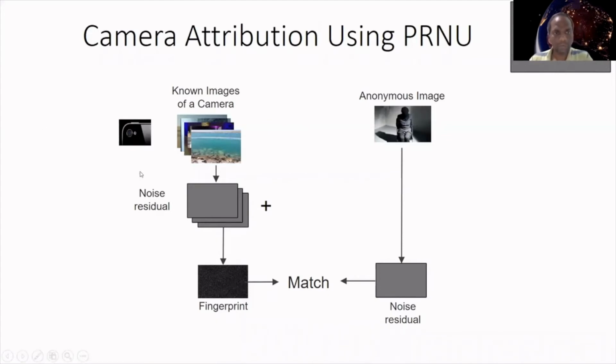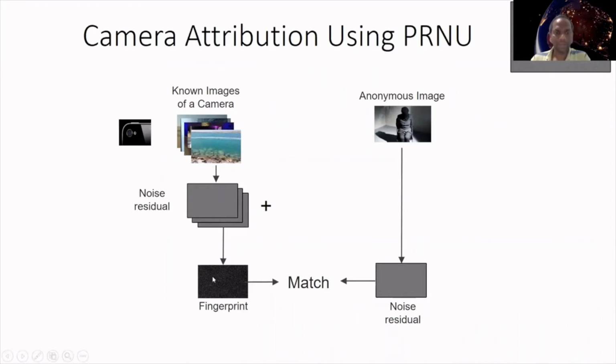The way we find that fingerprint is also very simple. We just need a few images from this particular camera sensor, let's say 20 or 30 images. From these images, we compute the noise from each of them and then combine the noise. Then we get a combined noise, which we call the PRNU noise, which is unique to a particular camera sensor, irrespective of the camera model.